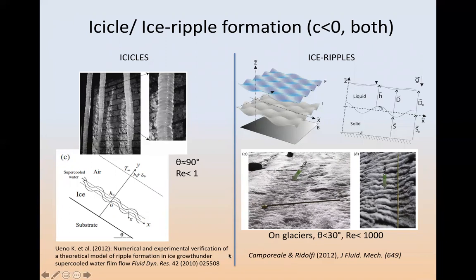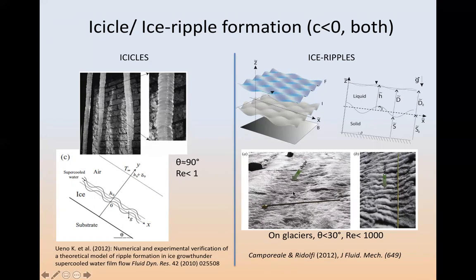On the left, we have this kind of corrugation on stalactites, which were investigated firstly by Ueno in 2012 at very low Reynolds number. On the right, a very similar problem, but which developed at higher Reynolds number on the surface of glaciers.